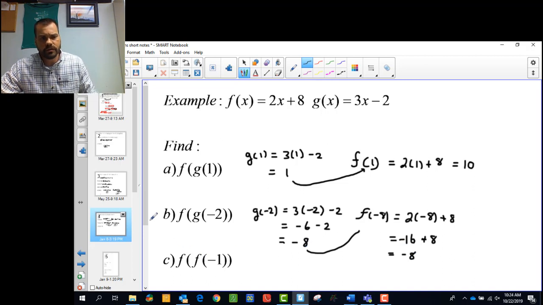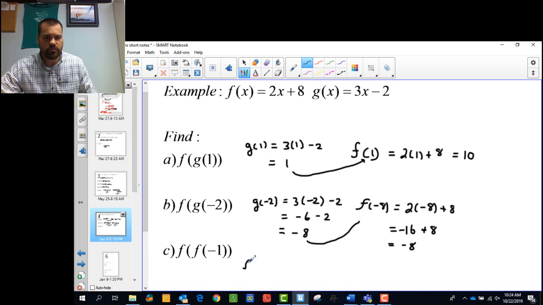And then the final one is a little bit different. It says f of f of minus 1. So you're going to start out and say, what's f of minus 1? We start with that inner piece each time. So we go 2 times minus 1 plus 8, and that gives me minus 2 plus 8, so 6. And then I'm going to take that and put it into f a second time, because the outside function is also f.